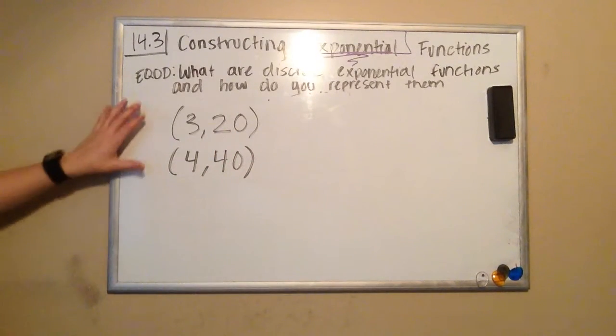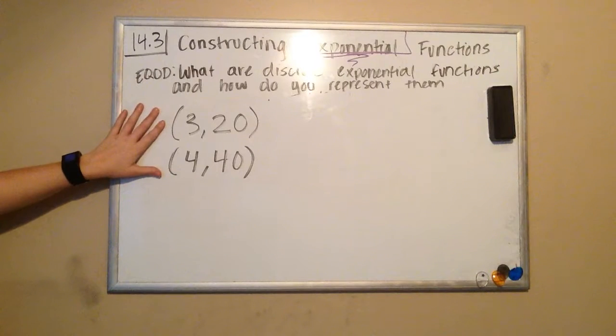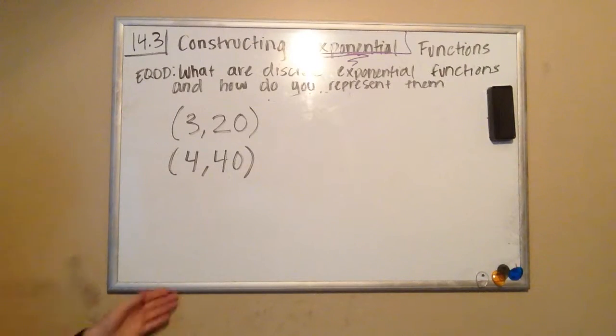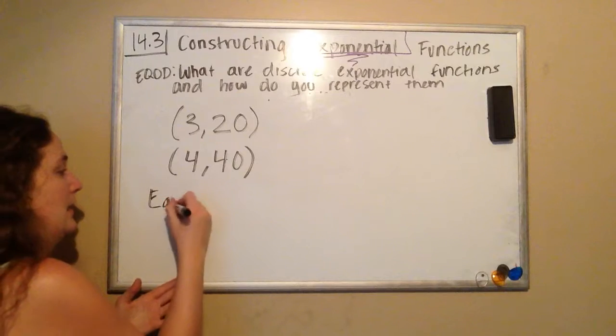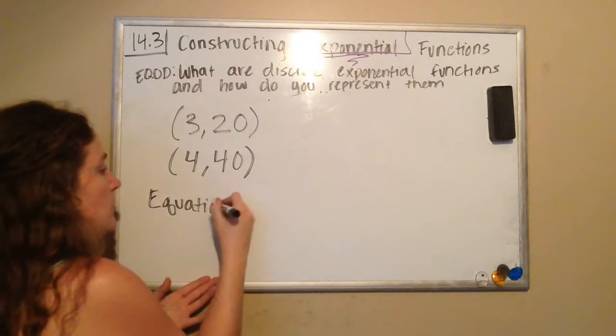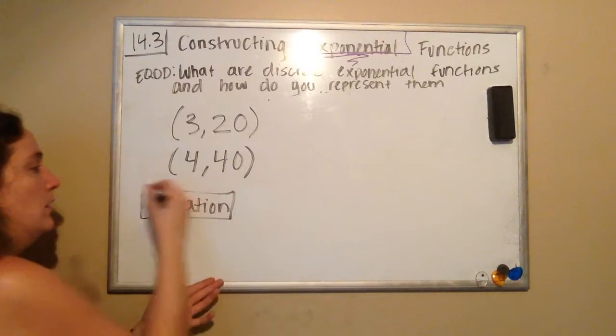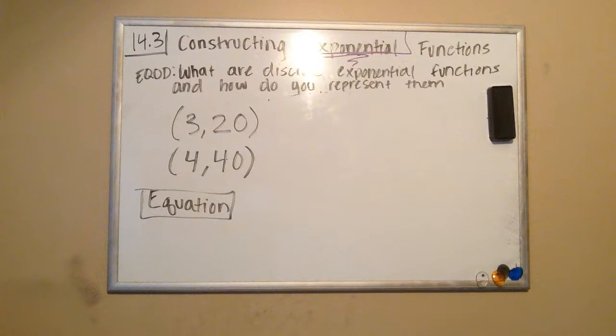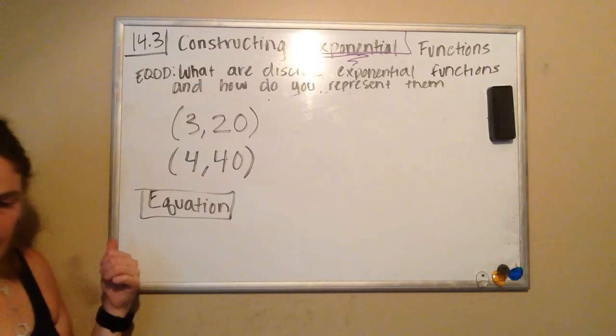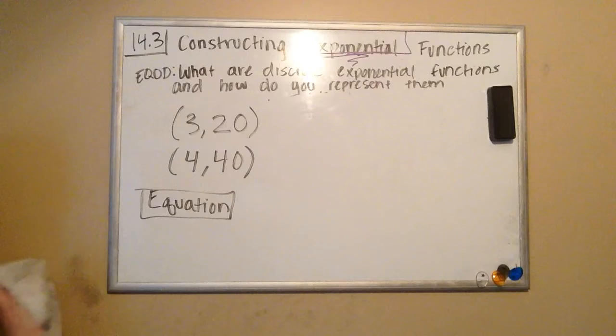Okay? So these are the two coordinate points that you have, and I want you to get me to an equation. Great. Alright, you're doing this on the left-hand side, so pause the video, get that done.